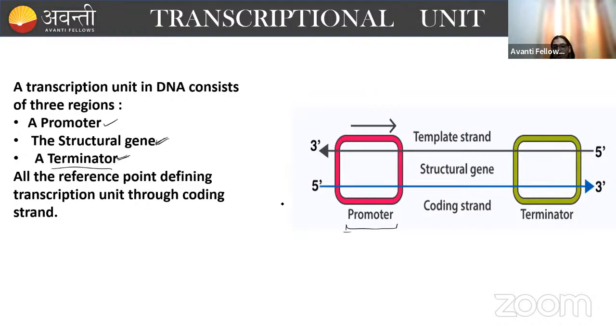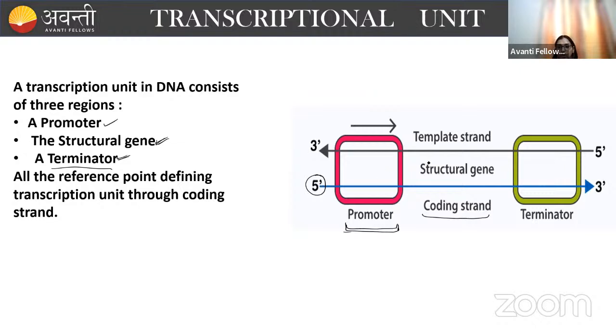And also one important point is that the positions of the promoter and the terminator are defined with respect to the coding strand. You can see this, the template strand has a polarity 3' to 5', and the coding strand has a polarity 5' to 3'. Okay, so we always say that the promoter is present upstream, always upstream of the structural gene, or present at the 5' end, upstream of the structural gene.